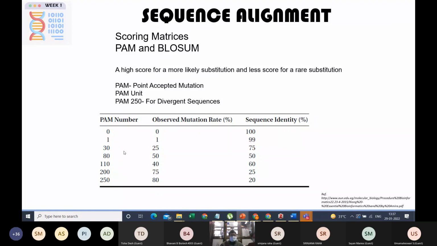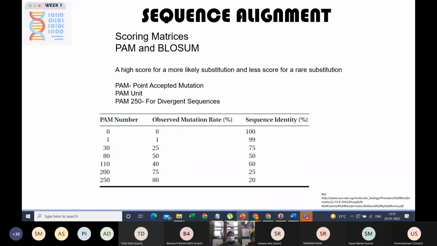If PAM number is one, the observed mutation rate will be one percent and the sequences will be 99% identical. PAM 0 means 100% identical, and PAM 250, which is mainly used to identify diverse sequences, means the mutation rate will be 80% and sequence identity will be 20%.